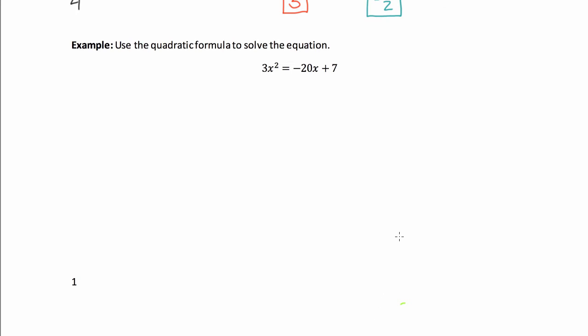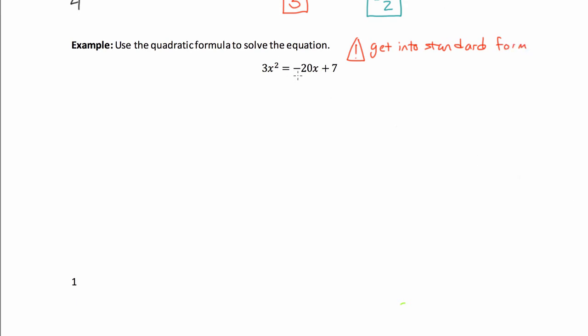Okay, so here we have a problem that, I look at this and it's quadratic. This is cool. However, it is not currently in standard form. So first of all, I need to get this into standard form.